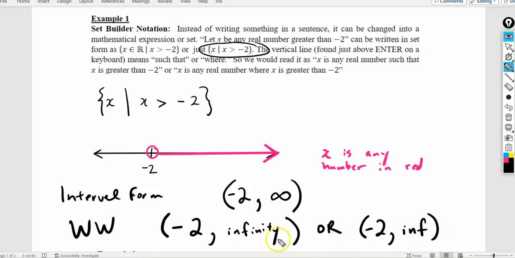Quite frequently, they will have directions on what they want you to type for the symbol infinity. Sometimes they don't have directions. So more often than not, just type out the word infinity. If you type this in and WebWork is giving you an error message, then you've got to use that email instructor button, because I can tell if it wants you to type, say, INF, and they didn't include instructions. I can quickly clear something like that up.